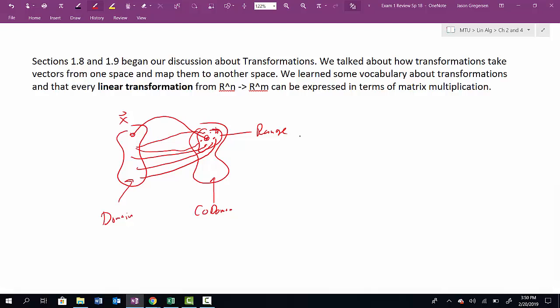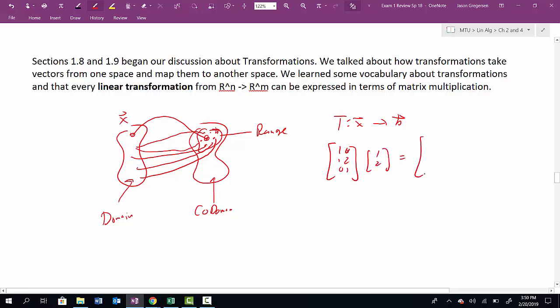And so we might look at a problem where a transformation takes x's and maps them to b. And that's what our matrix equations really did. So if we have this matrix equation, we would say the domain of this transformation would be what? The domain is what x is, the input I'm putting into the process.